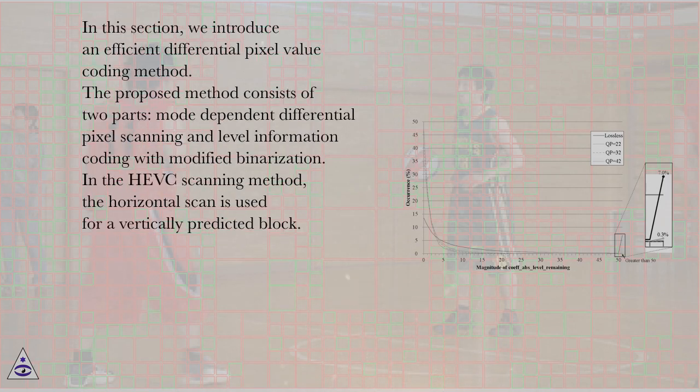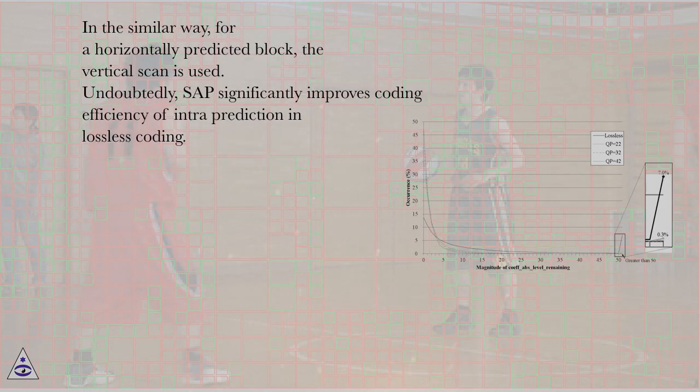In this section, we introduce an efficient differential pixel value coding method. The proposed method consists of two parts, mode-dependent differential pixel scanning and level information coding with modified binarization. In the HEVC scanning method, the horizontal scan is used for a vertically predicted block. In a similar way, for a horizontally predicted block, the vertical scan is used.